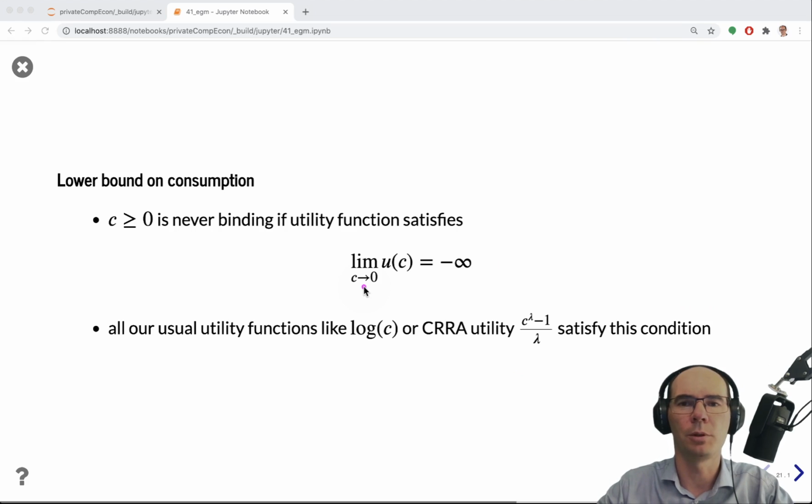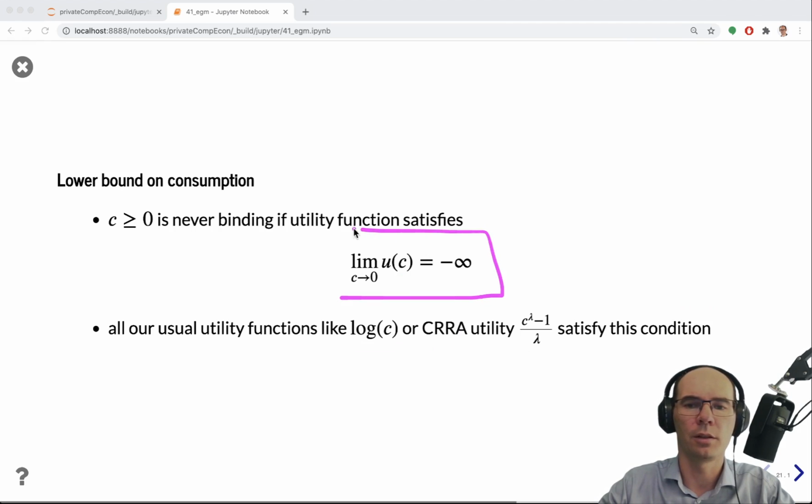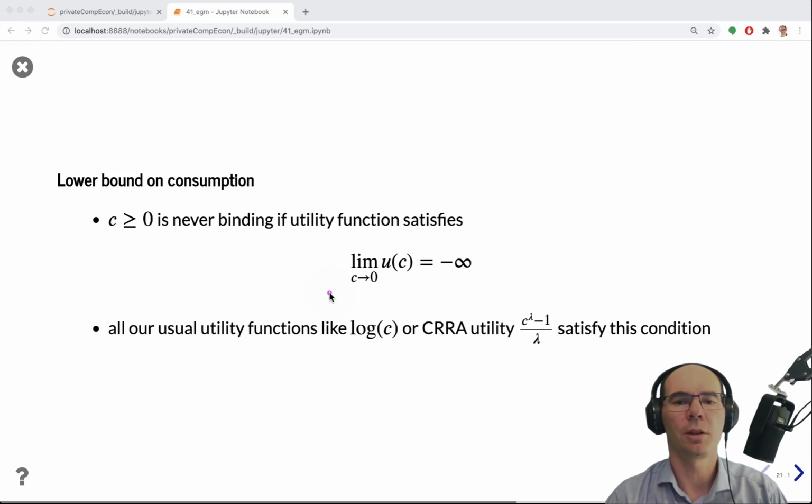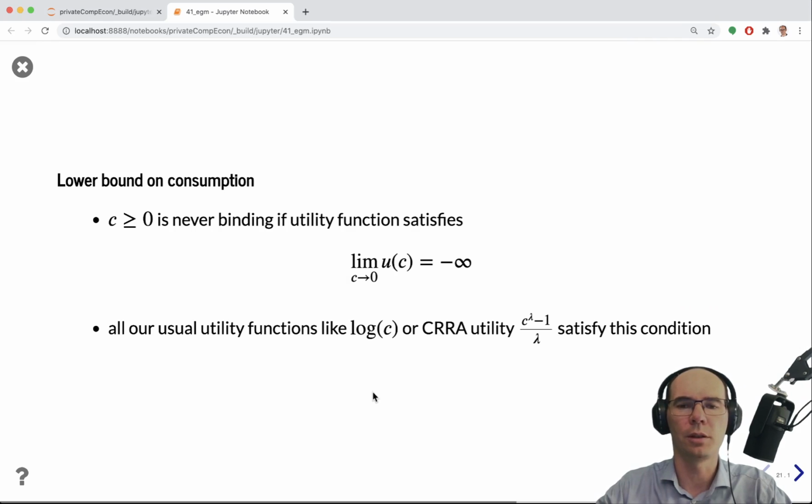It's just impossible to get 0 consumption being optimal because we are down to minus infinity in the utility terms. And basically all the functions that we usually work with, like log or CRRA utility, satisfy the condition that the utility goes to minus infinity. Now, it could be that bequest utility or something like that is set up in a different way, and then it does require additional consideration. But in the basic models, that's usually not a problem.